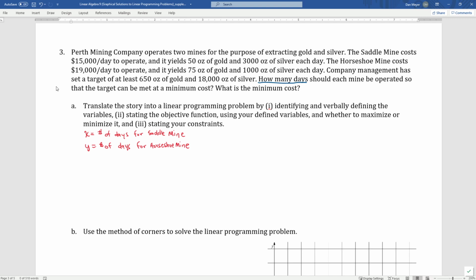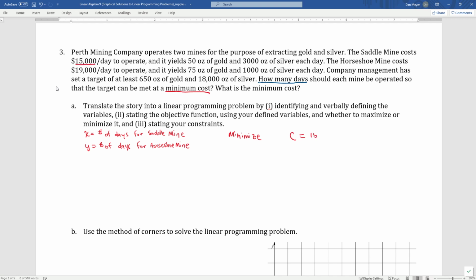We have an objective function. We're trying to minimize cost here. So the cost of operating the mines. So we're trying to minimize our cost function. Let's see. It costs $15,000 a day to operate Saddle Mine.